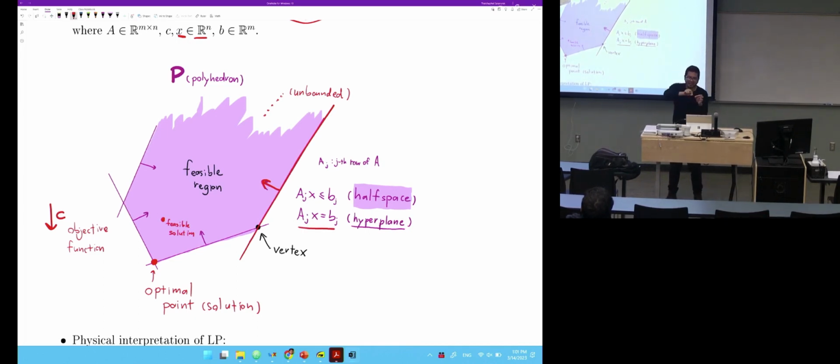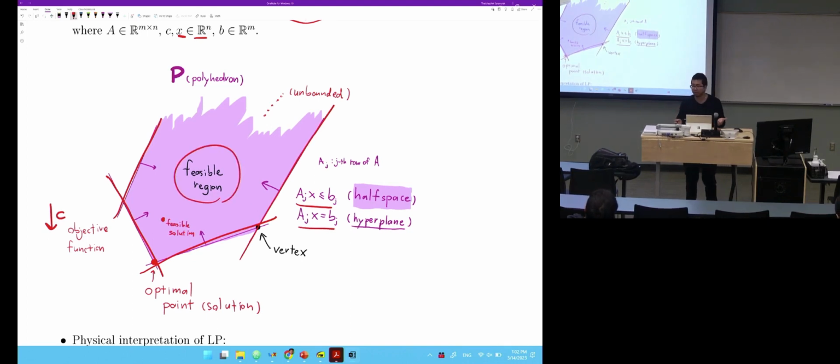It's not just a line, but some hyperplane that separates a space into 2 sides. And this constraint says that you only look at one side of the plane. Then you have a bunch of constraints, each of which says that you look at one side of the plane, and the intersection of all these constraints is going to be your feasible region. This is now a high-dimensional thing, but it's similar to what we have seen before.